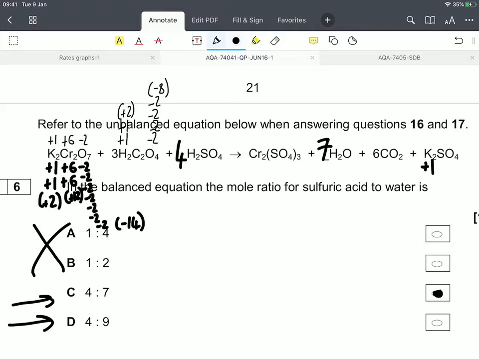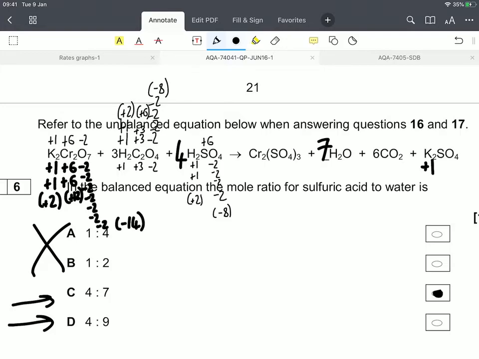So that means the carbon in this must be +3. You don't normally have to look at the oxidation state of carbon, but that's what it must be, right? So just to summarise, +1, +3, -2. Sulfuric acid, +1, +1, -2, -2, -2, -2, -8, +2. Sulfur must be +6. There's only one of them.